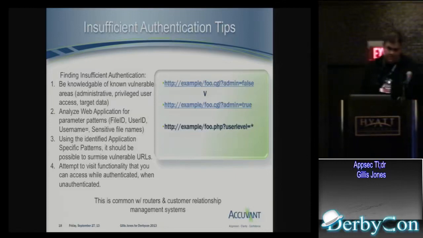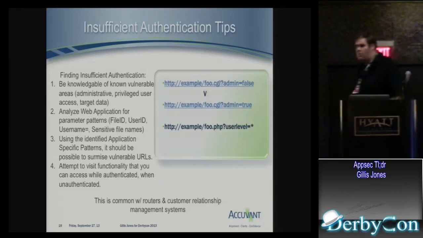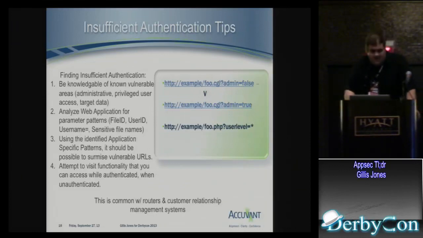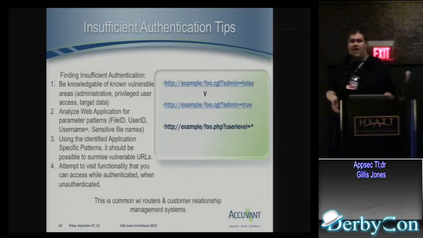Now, this is the scenario I was telling you about. Basically, you're looking for anything with file ID or item ID, things like that, which could be potentially sensitive. And with each application that you're testing, you have to be specific to that one.